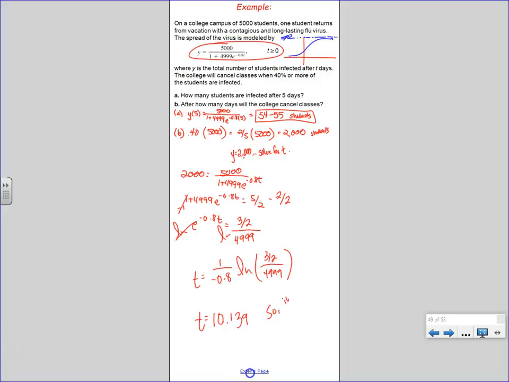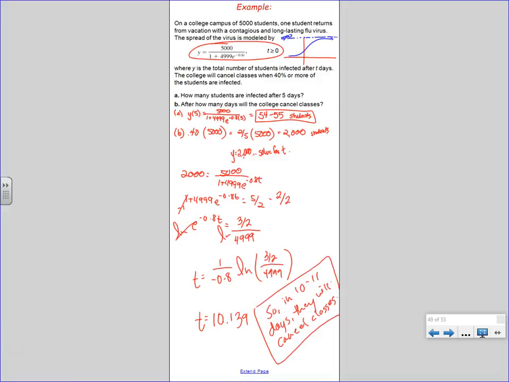So, in 10 to 11 days, they will technically cancel classes, right? Why do I say 10 to 11? If someone's smart and thinking ahead, they're going to do something like, we're going to hit 40% today, let's just cancel classes. If they're a little bit meaner, they might be like, it wasn't this morning. Either way, somewhere between 10 and 11 days, they're going to cancel classes.